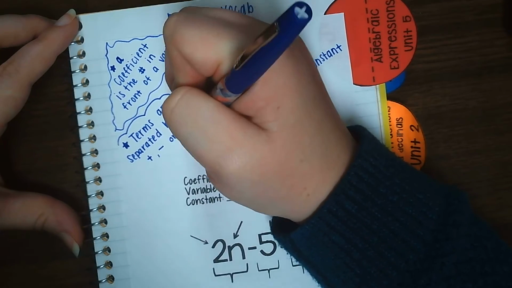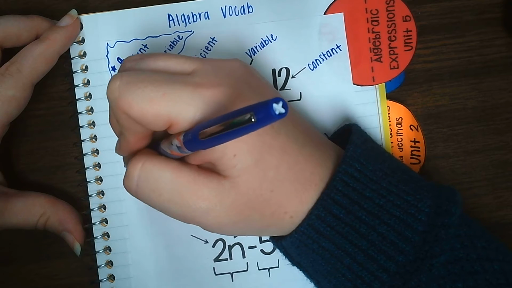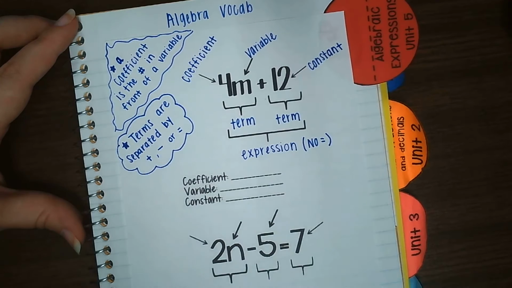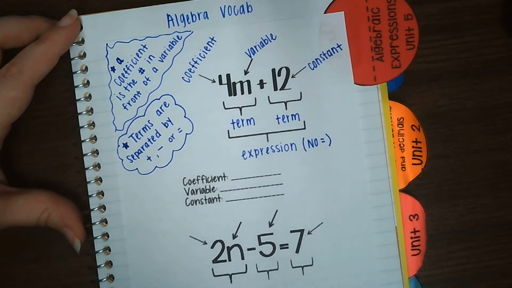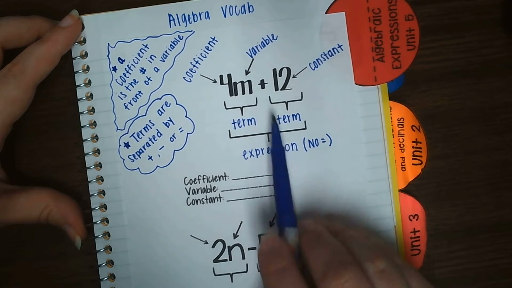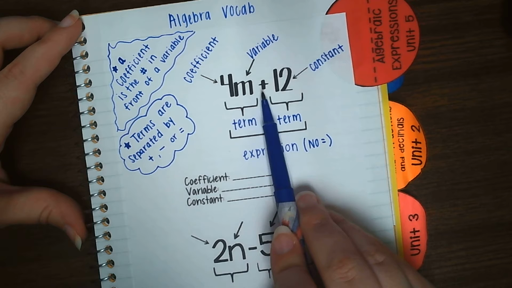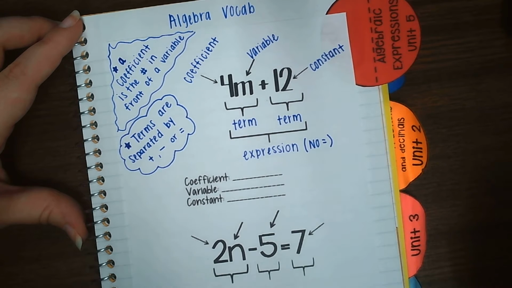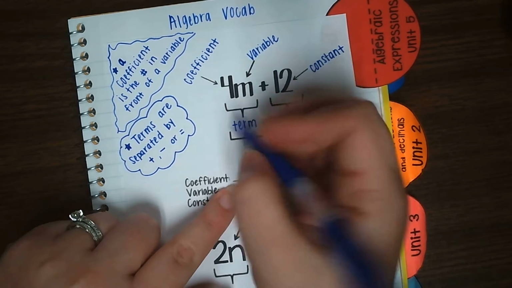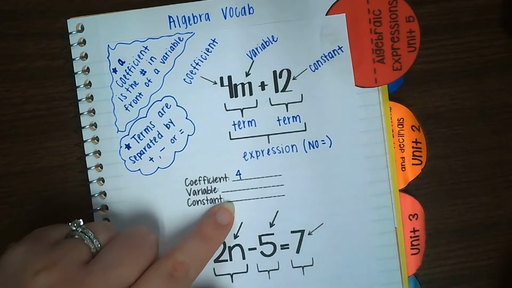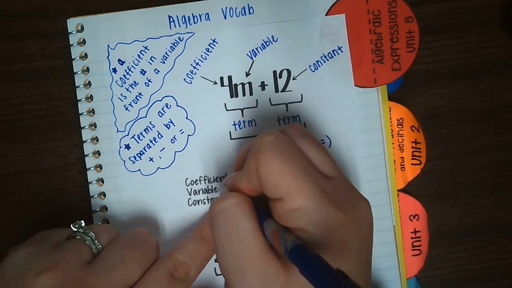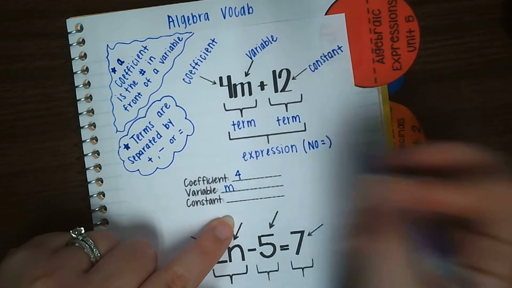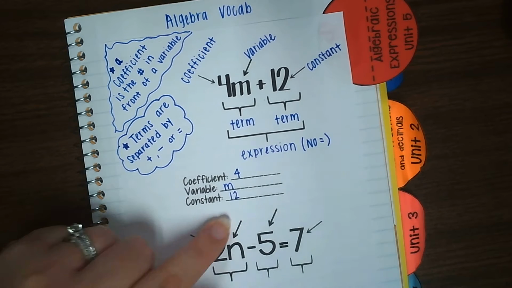Terms are separated by a plus sign, a minus sign, or an equal sign. See how there's a plus sign right here? That separates 4m from 12. So that means that there are two terms. Okay, just as a review, our coefficient is 4, our variable is m, and our constant is 12.